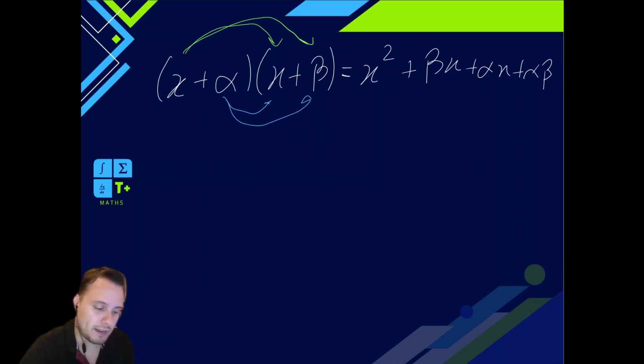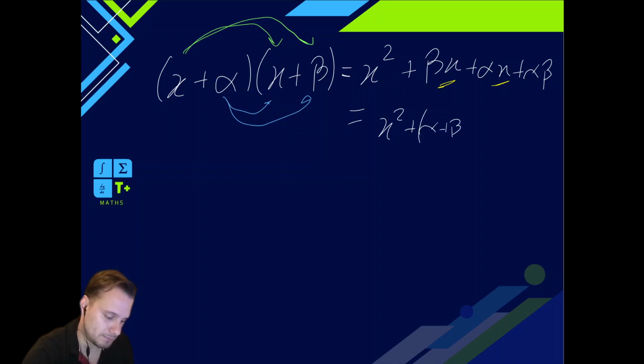And here we can factor out an x. Observe that here we have an x that is repeated here and here. So we could be saying that this is equal to x squared, then on x we will have alpha plus beta times x, and then we will have alpha times beta.